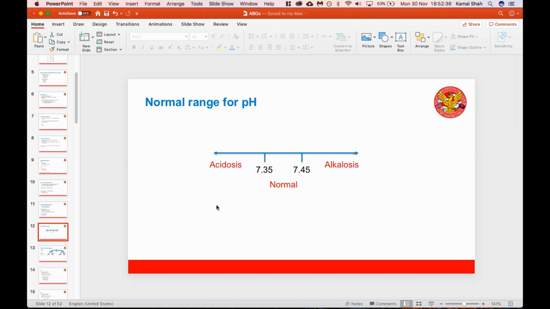Another thing to note at this point is that our pH is controlled primarily by two organs. So we've got the lungs and the kidneys. So the lungs deal with excreting carbon dioxide, and the kidneys deal with bicarbonate and H+ ions as well. And we know that carbon dioxide is acidic, bicarbonate is basic or alkaline. Okay, so carbon dioxide is acidic and bicarbonate is alkaline.